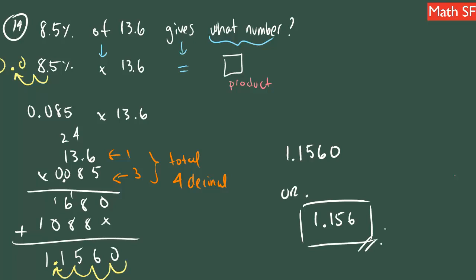This will be the same as your problems from chapter 7 where you were doing translation. If you need help, just go over your vocabulary or the language section in your book. "Of" and "give" and "what number" have the same meaning, so it's going to be the same technique here.